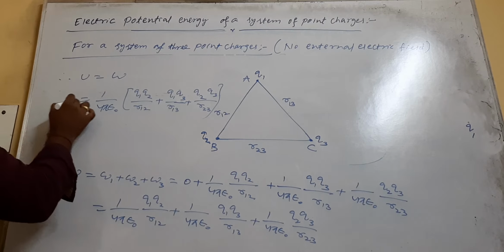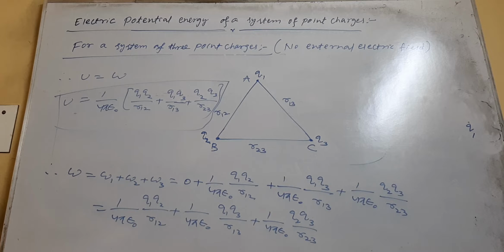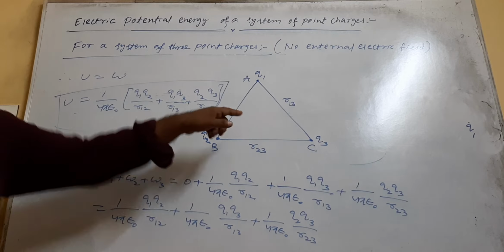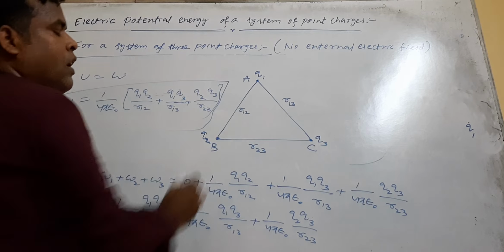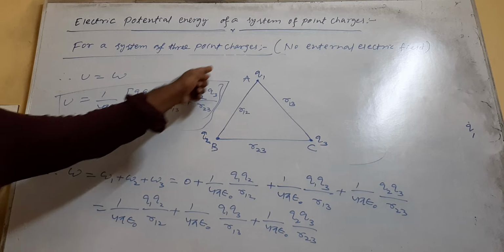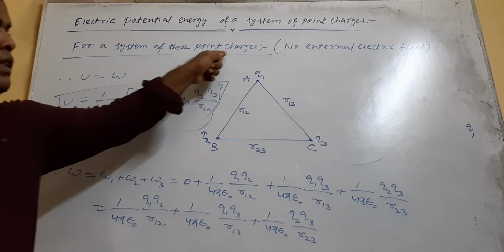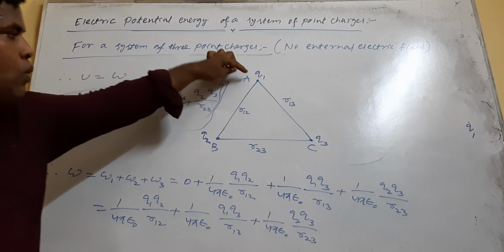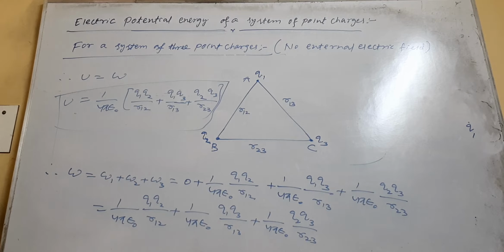That means it is the electric potential energy of the system of 3-point charges. You see here, we have taken all possible products. That means for the system of 3-point charges we have to take 1 2, 1 3, then 2 3.